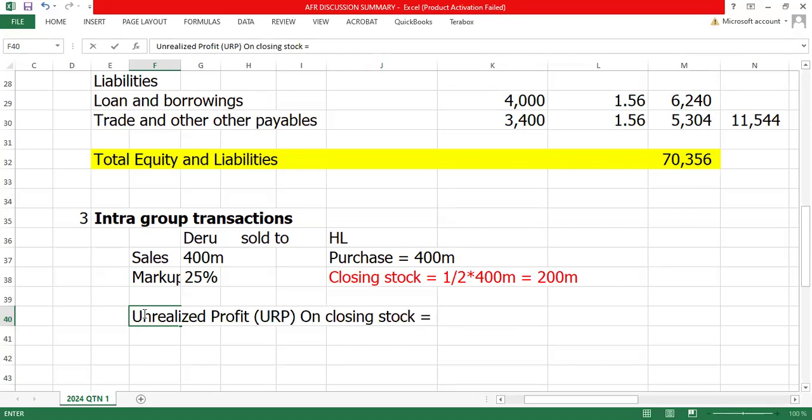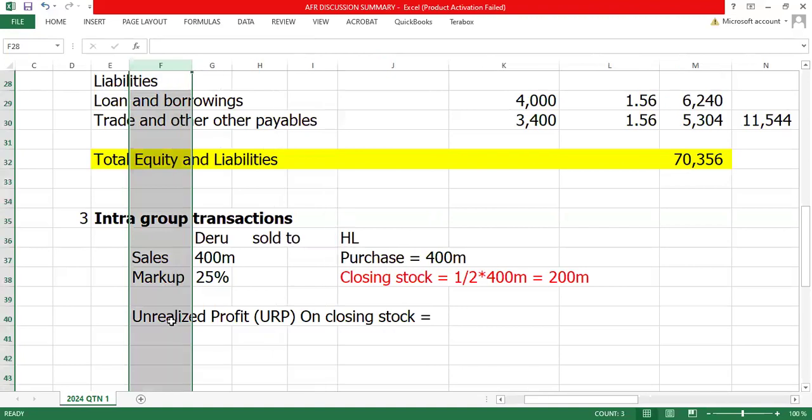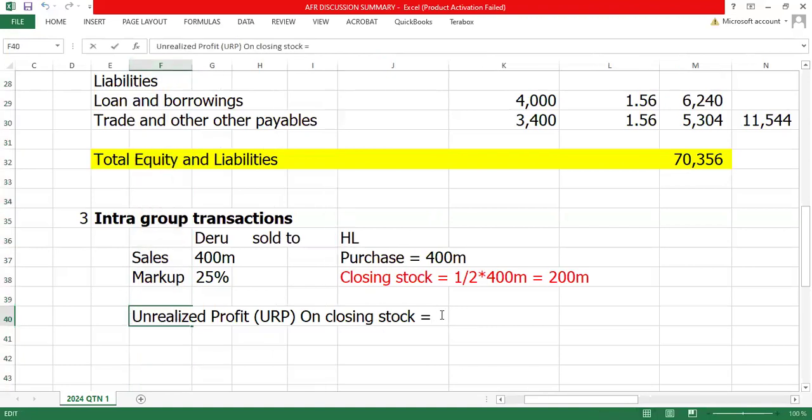And how do you determine this unrealized profit on closing stock? If you're dealing with markup, you get this at 25 over, increasing the denominator by that percentage. So it becomes 125. That is if you're dealing with markup. If you're dealing with margin, you just get 25% times the closing stock.